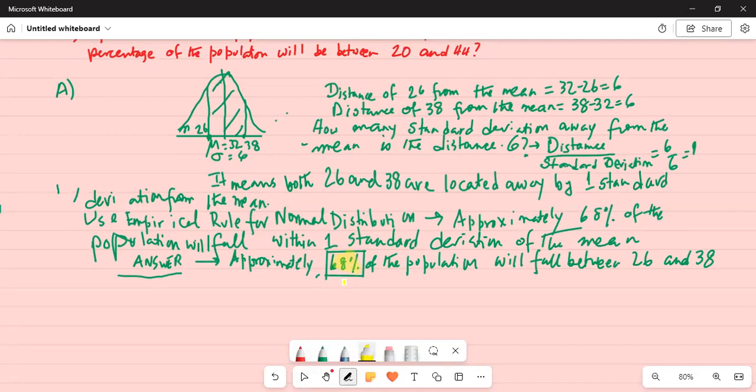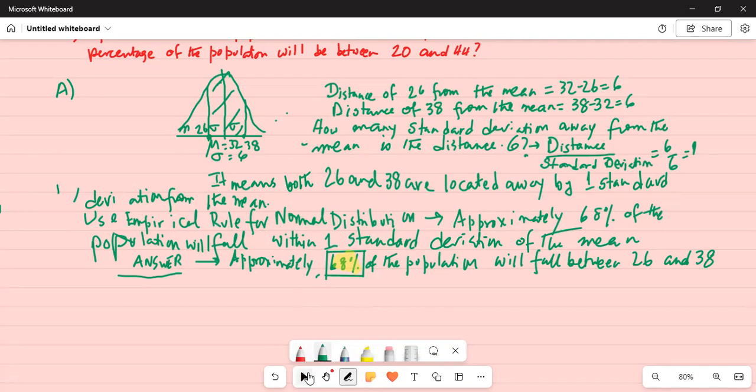And here I use the empirical rule, which states that for a normal population, approximately 68% of the population will fall within one standard deviation of the mean. Remember, this distance is sigma, and this distance over here is also sigma. That's why 68% of the population will fall between 26 and 38.